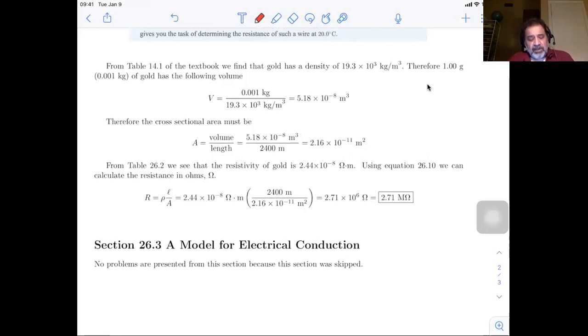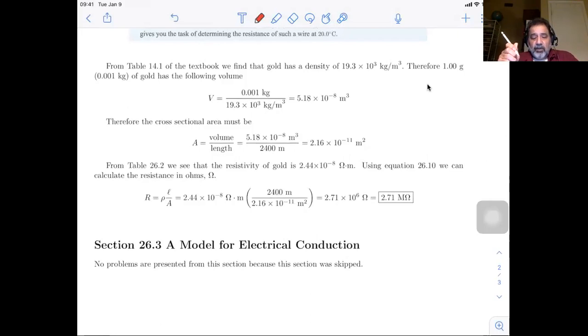The resistance is equal to the resistivity times the length divided by area. And that's equal, we just plug in the resistivity, 2.44 times 10 to the minus 8 ohm meters times 2,400 meters divided by 2.16 times 10 to the minus 11 meters squared.